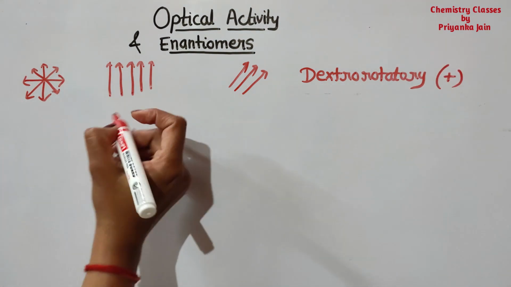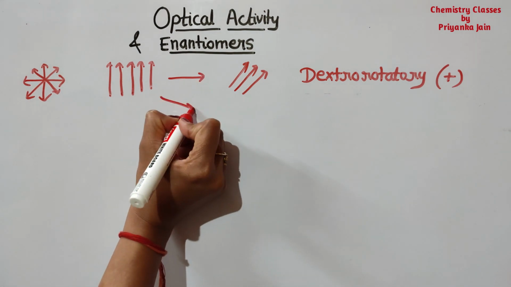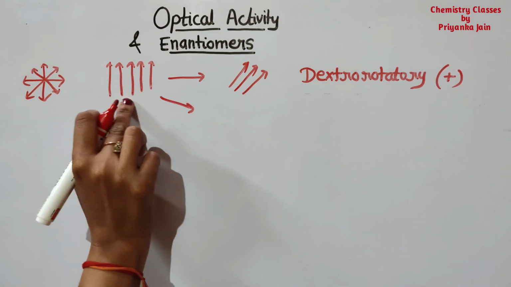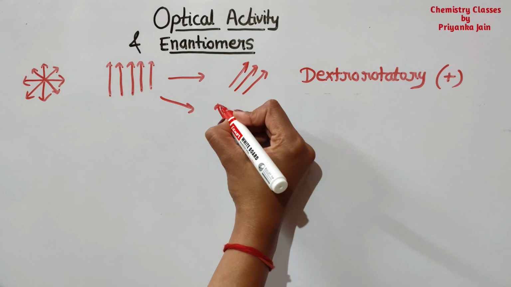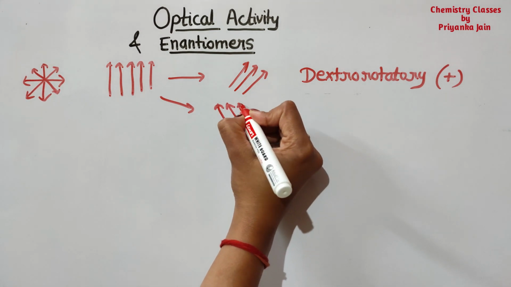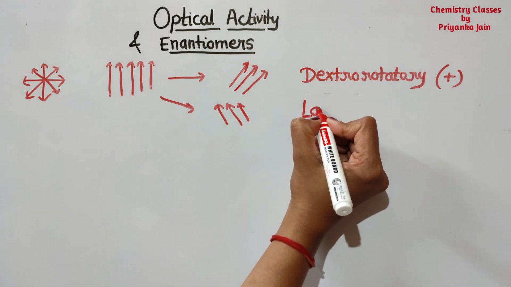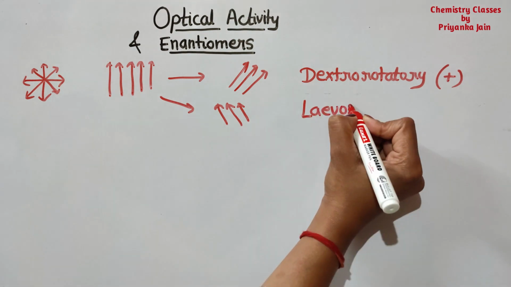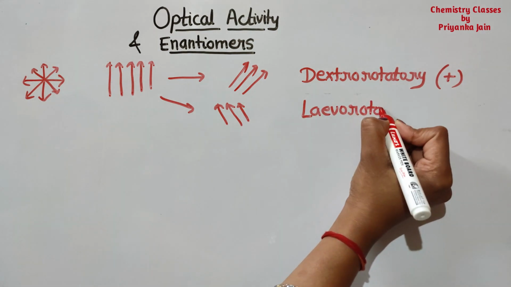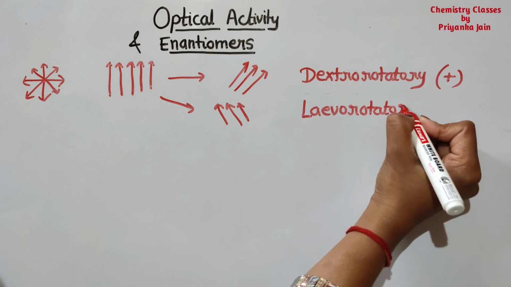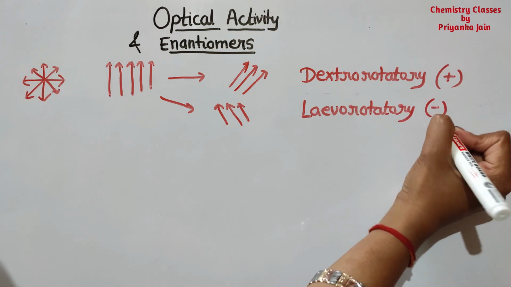And if a compound rotates the plane of the plane polarized light toward the left side, then it is called levorotatory, and it is shown by the minus sign.